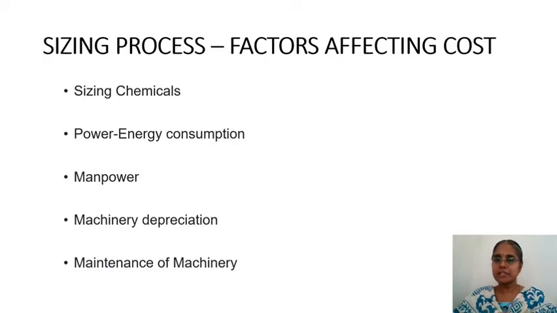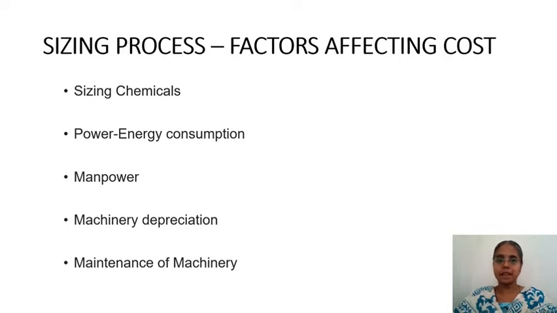So the factors that affect the cost of the sizing process are the sizing chemicals, each sizing chemical and the cost of those chemicals, and the power consumption. If you vary the chemicals, there will be changes in the cost of the sizing process. The energy consumption occurs according to the recipe and the amount of moisture, the amount of wet pickup moisture.